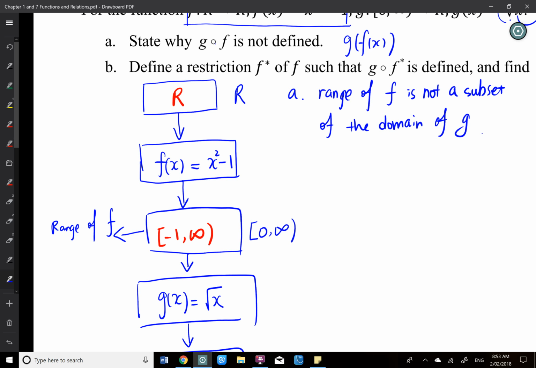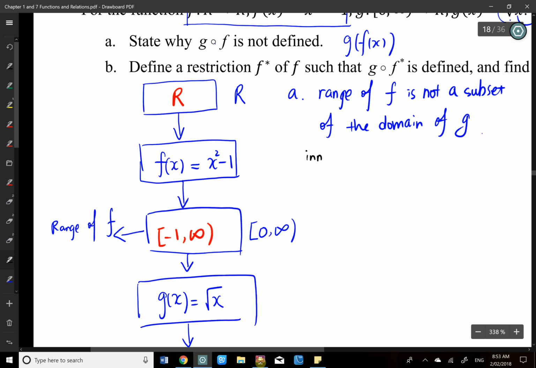So to make it general, not always f or g: inner function range is not a subset of the outer function's domain.